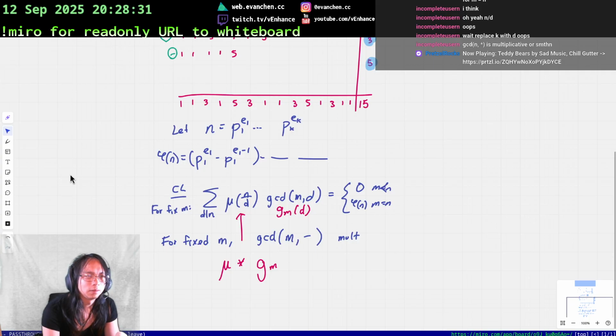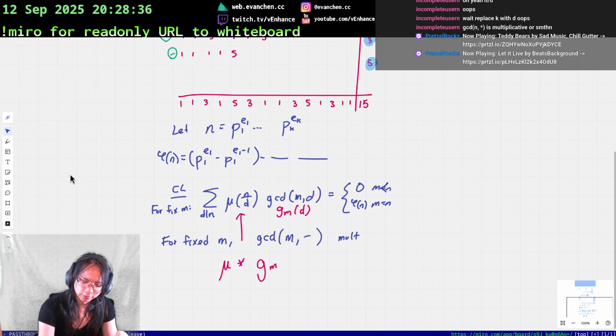Wait, this is a... No. So for fixed m, this is a multiplicative function. So I feel like the left-hand side should be a multiplicative function, but the right-hand side isn't, so I'm messing something up.